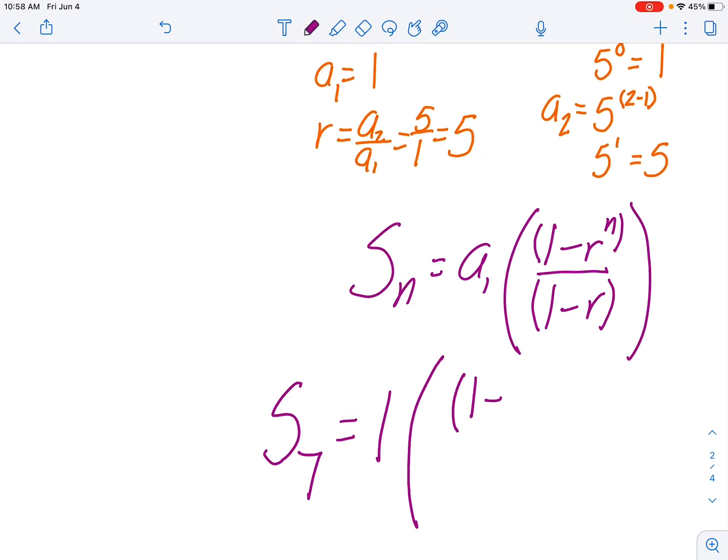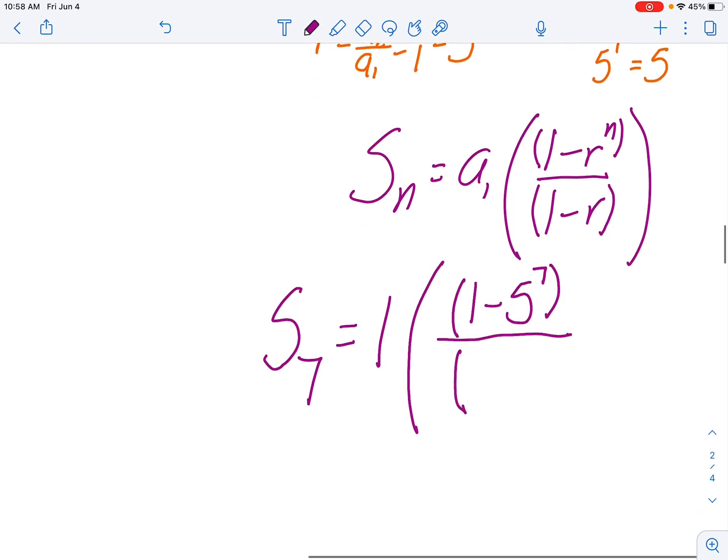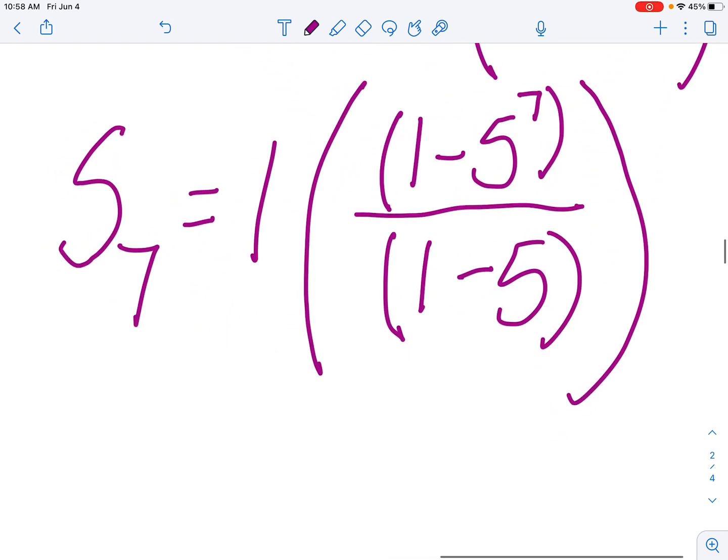What is our r? 5. 5 to the power of n, which is 7, over 1 minus r. 1 minus r is 5, big parentheses. So this, kiddos, is what we're going to plug into our calculator.